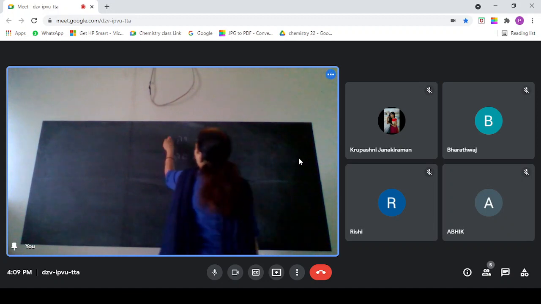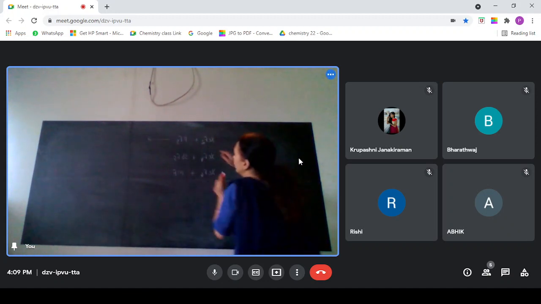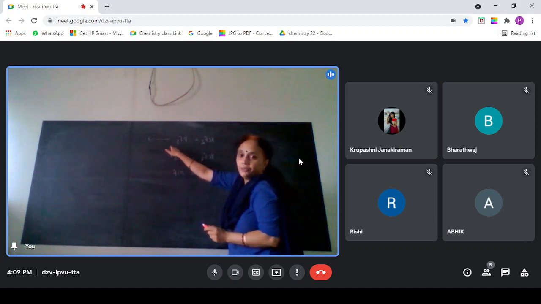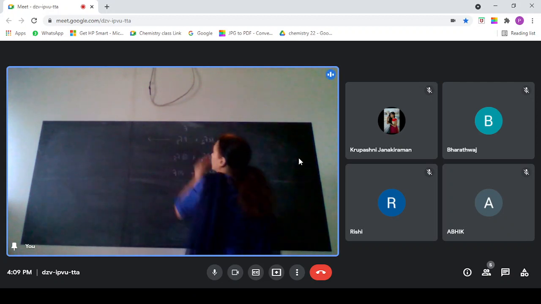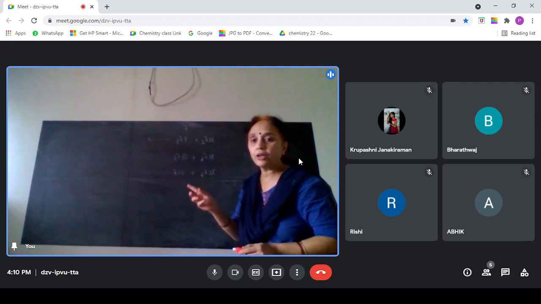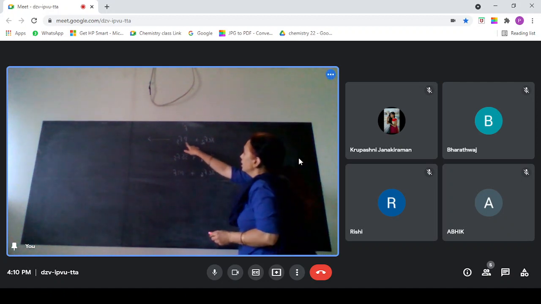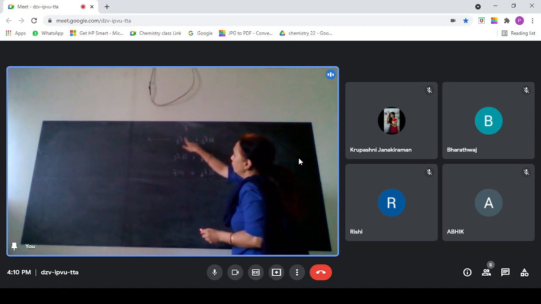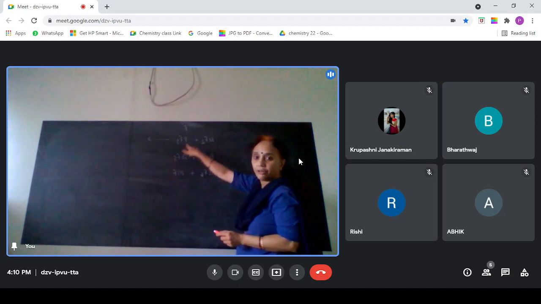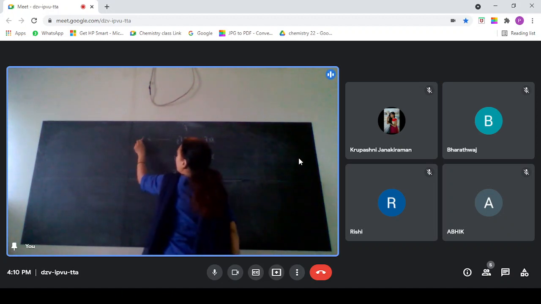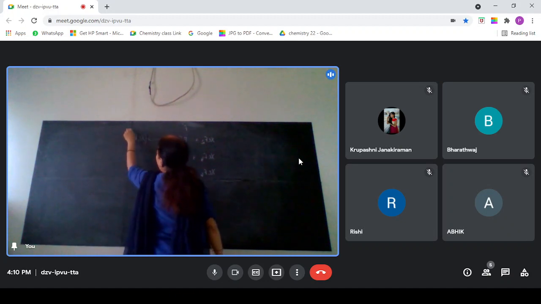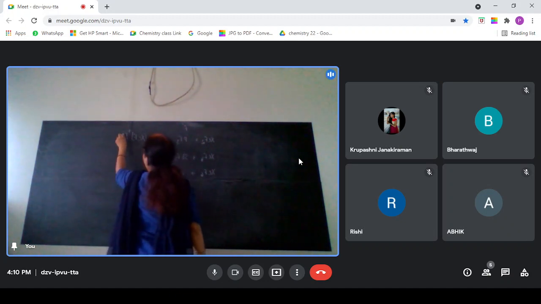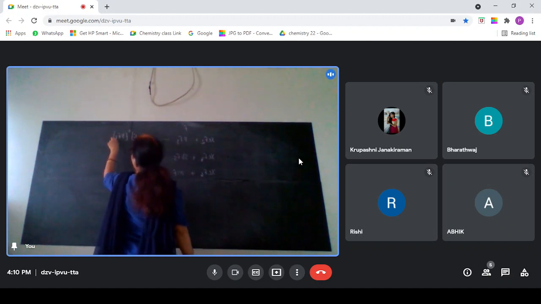This PF5 is a fluoride ion acceptor. That means it will take one fluorine from XeF2. What is left now? XeF is left. That will have plus charge and PF6 will have minus charge.